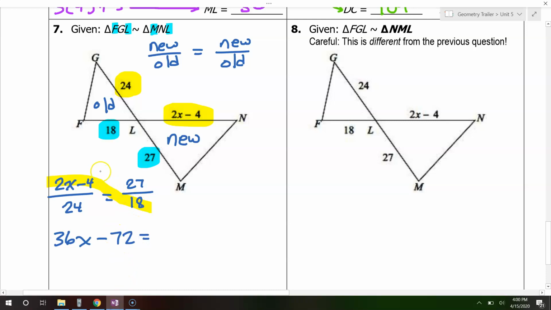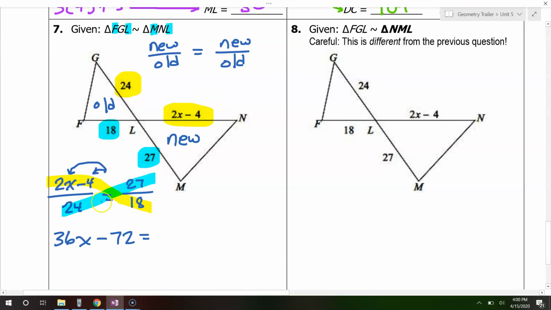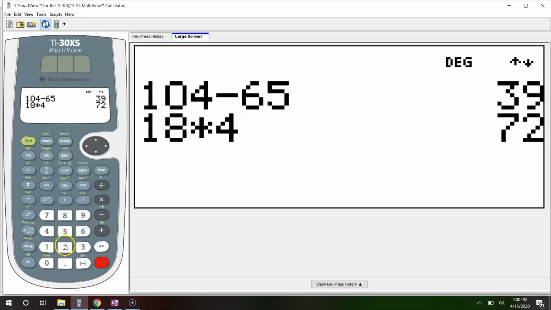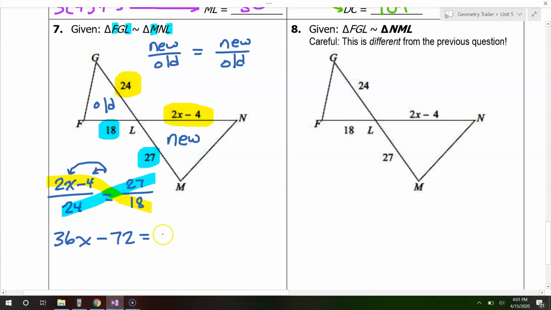So again, that was the distributive property. I'm multiplying 18 times both of these. Now, for the other side of the equation, as always, we will multiply the up diagonal. So 24 times 27 is 648.